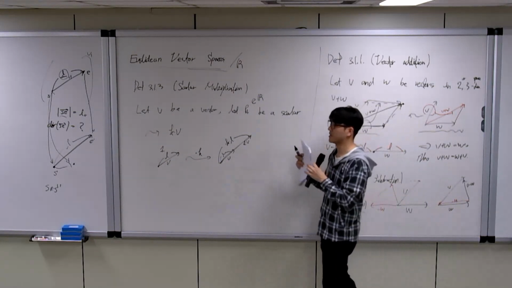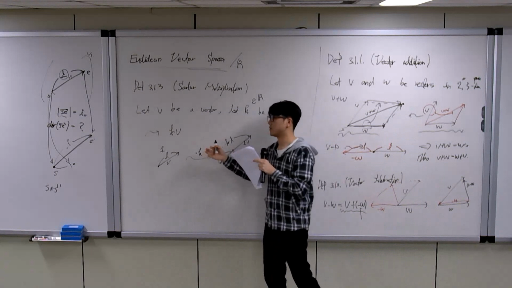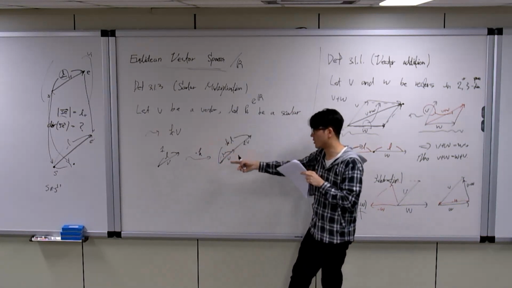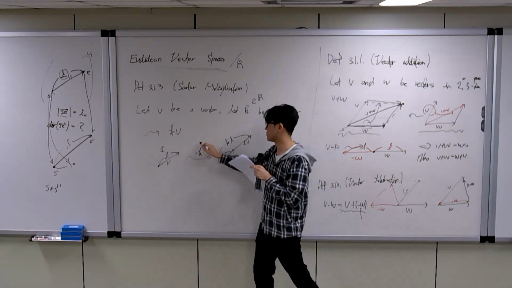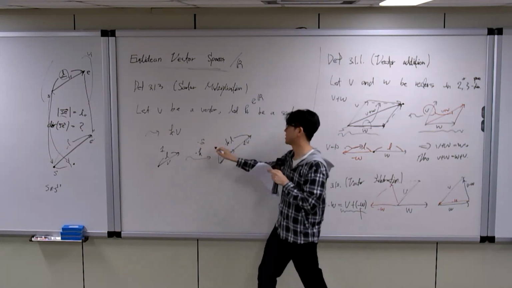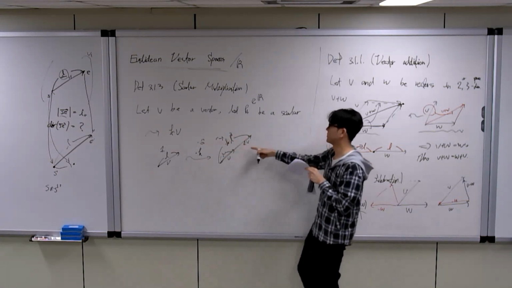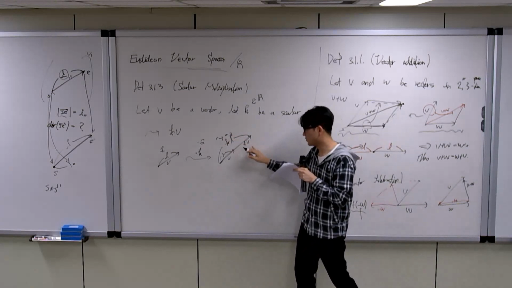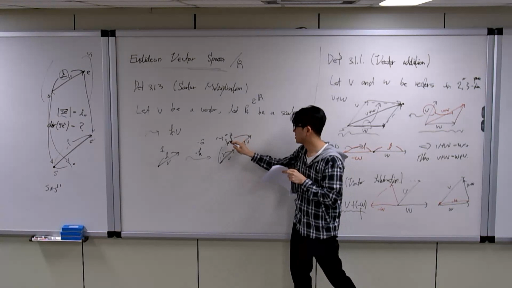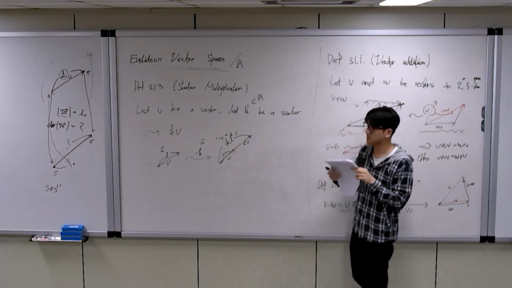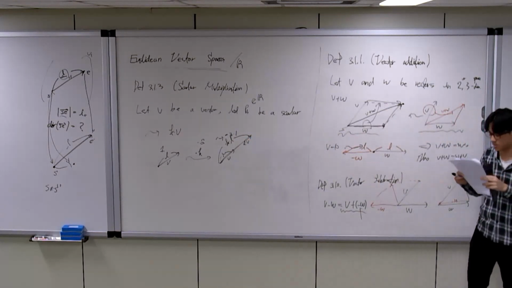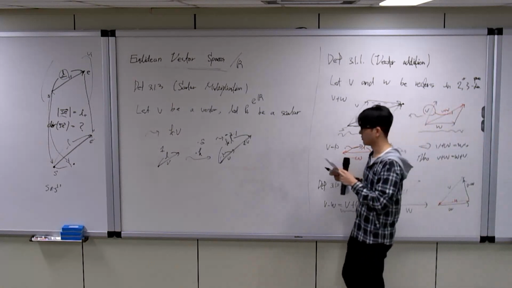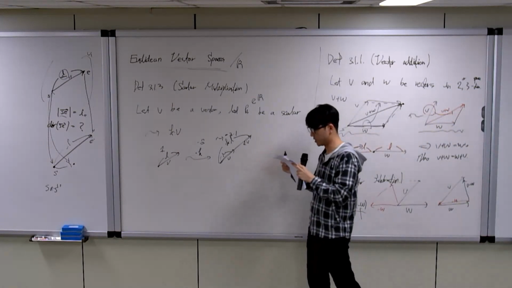So if you have one vector which has direction 1, and if you multiply by 3, then the 3v vector has length 3 with the same direction as v.